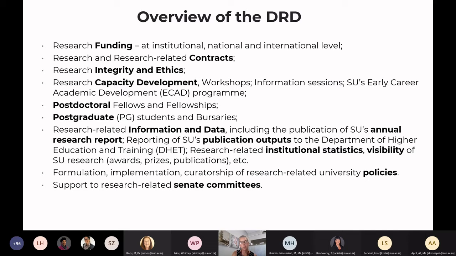As I said, we also offer a service for all postdoctoral fellows and fellowships, in that we have to basically manage a kind of HR department for postdoctoral fellows, because of course in the South African system our postdocs are not taxed and they're not allowed to be on the payroll. So we had to create an entity that can serve them.